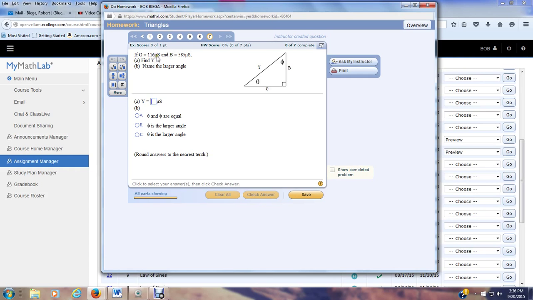So, for example, I could find side y just by using the Pythagorean theorem and taking 116 squared plus 585 squared and then taking the square root of that, and you'll see my answer is already in micro. So you don't have to use the prefixes in your calculations. That's just a little bit of what I wanted to give you.